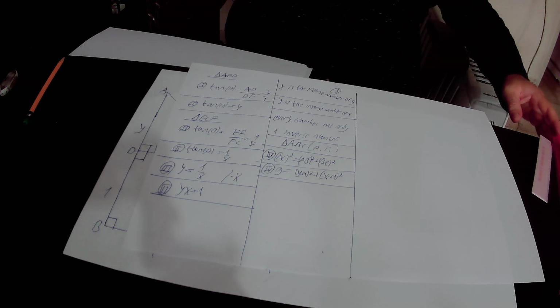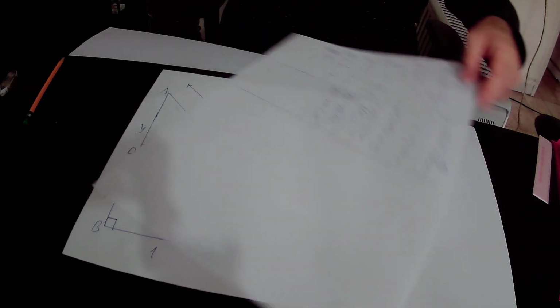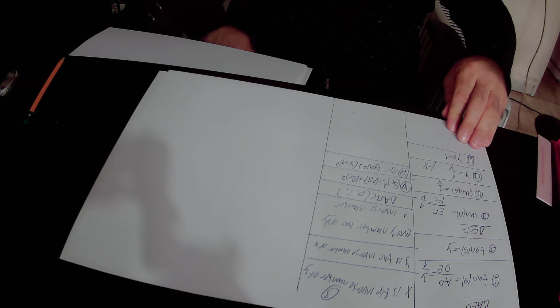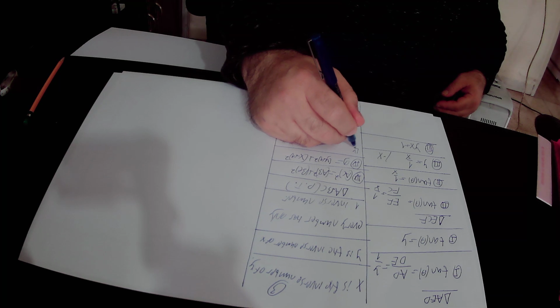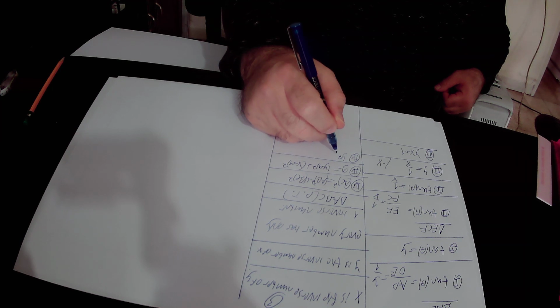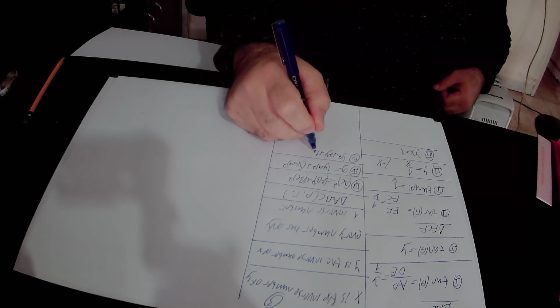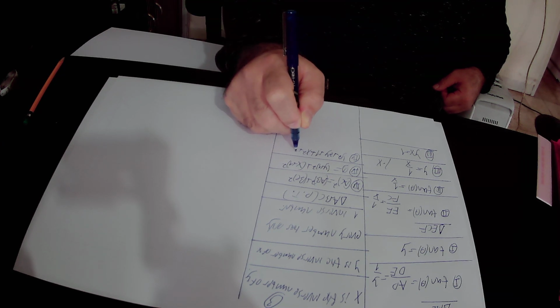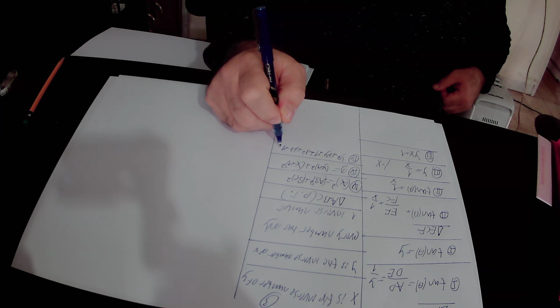Here we will open the brackets on this side of equation number 4 and we will get that y plus 1 squared equals y squared plus 2y plus 1, plus x plus 1 squared. x plus 1 squared equals x squared plus 2x plus 1, and it equals 9.